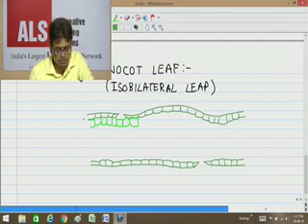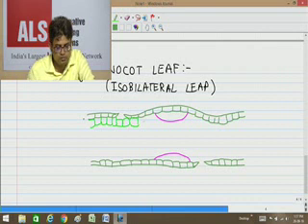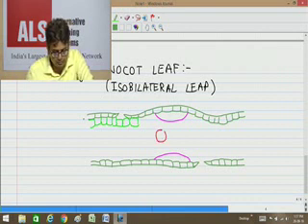Also, here there is a patch of sclerenchyma, and between these xylem vessels will be present like this. So, you can draw it like this. These are the xylem vessels.